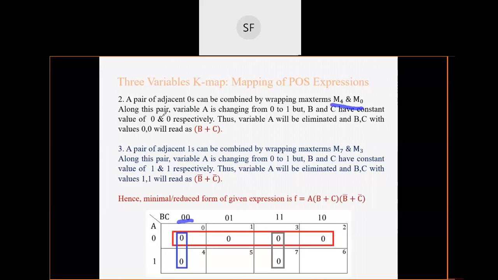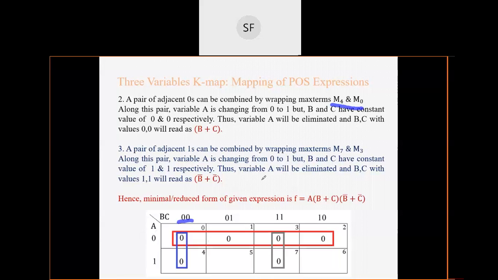Okay, so the same thing I have explained here, that along this pair the variable A is changing from 0 to 1, but B and C have a constant value of 0 0 respectively. You can observe here 0 0 for both cells. BC is constant, and whenever there is a pair, only one variable will be eliminated.